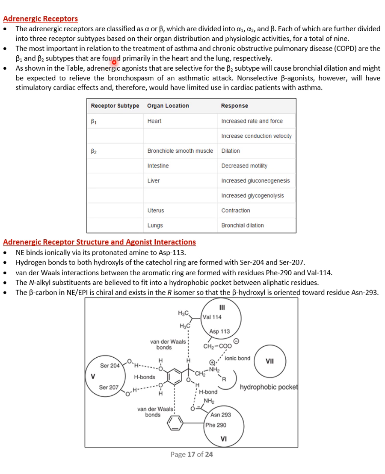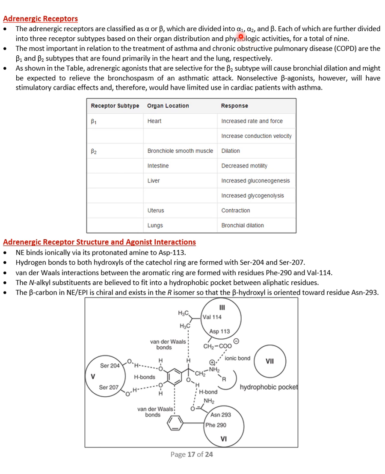So adrenergic receptors can be classified as alpha and beta. Alpha receptors are further divided into alpha 1 and alpha 2, and beta receptors are further divided into 3 receptors.